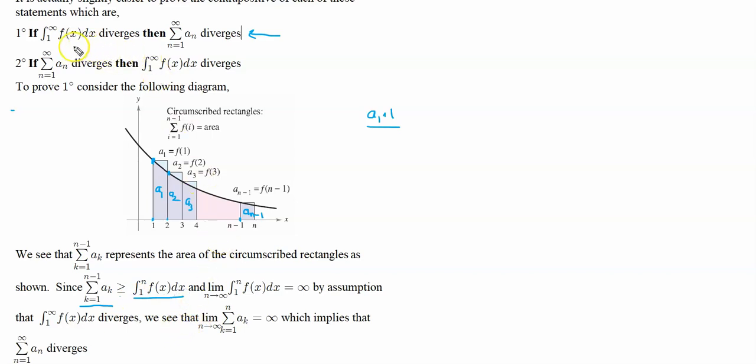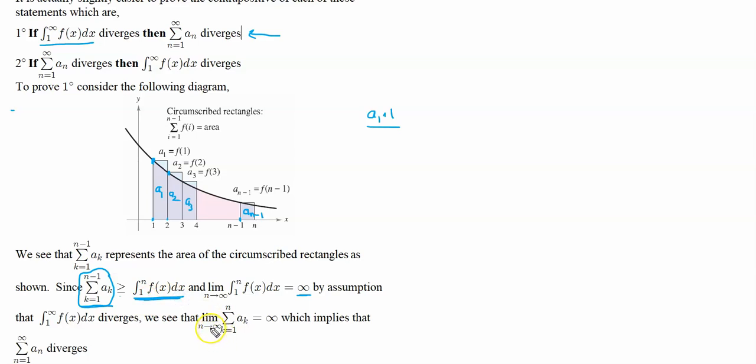Now, we assume that the integral from 1 to infinity of f of x diverges. So that means that the limit as n goes to infinity of the integral from 1 to n of f of x dx is equal to infinity. That's by assumption. However, the n minus first partial sums are bigger than all of these areas, and these go to infinity.